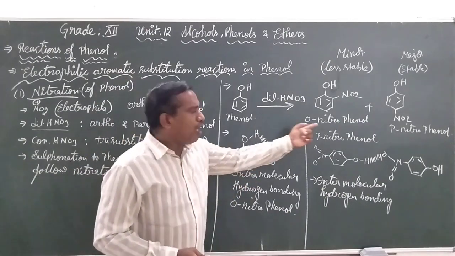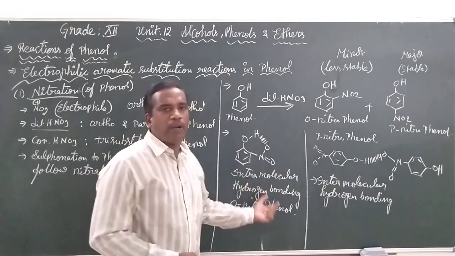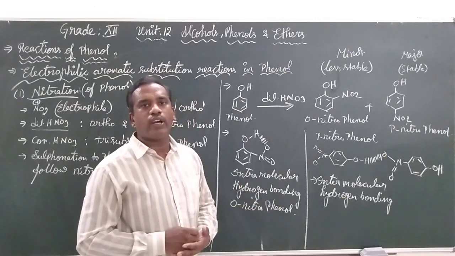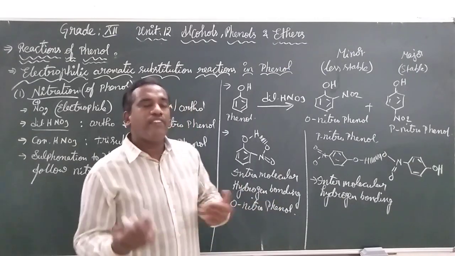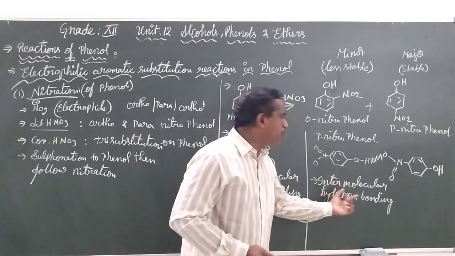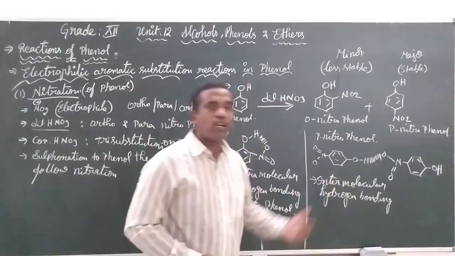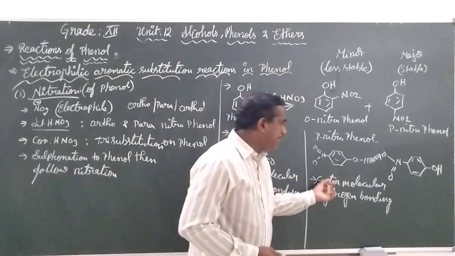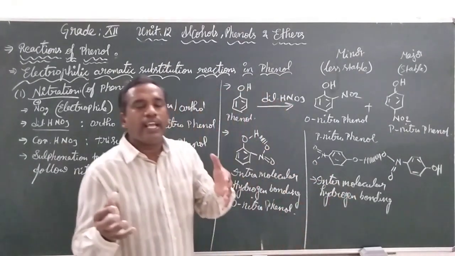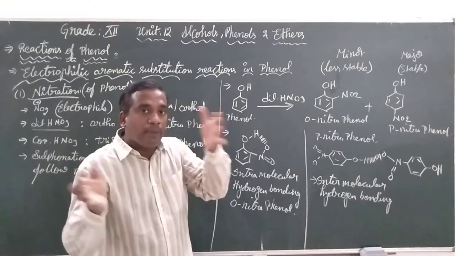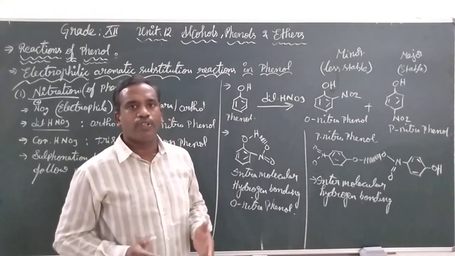The orthonitrophenol participates in intramolecular hydrogen bonding, when compared with paranitrophenol, which is formed by intermolecular hydrogen bonding. The intermolecular hydrogen bonding will make the molecules associate more.